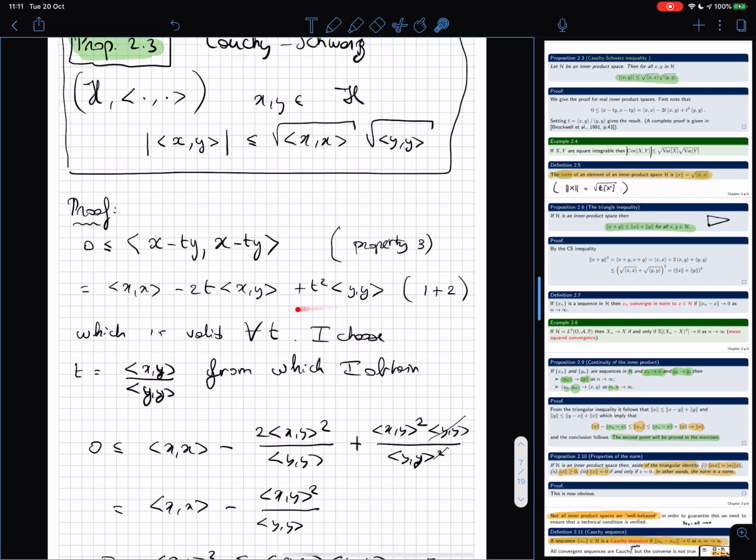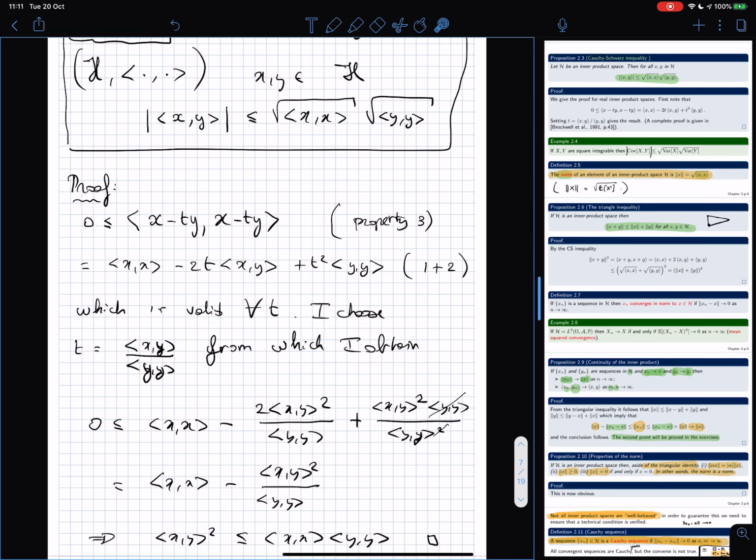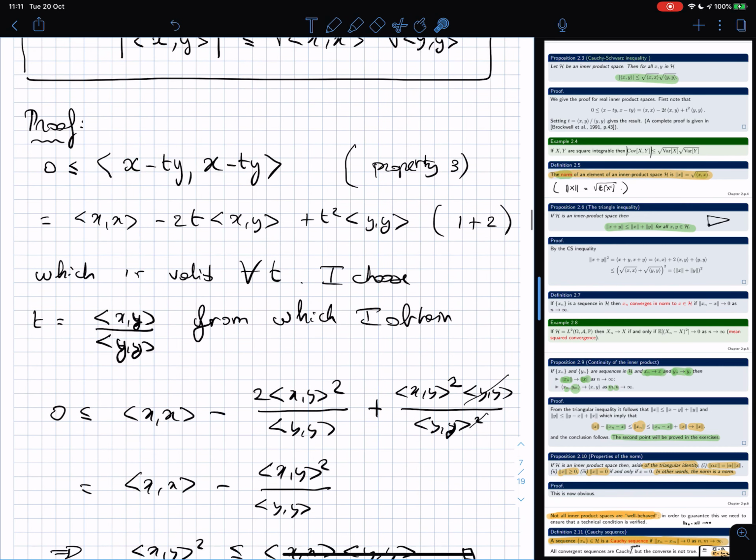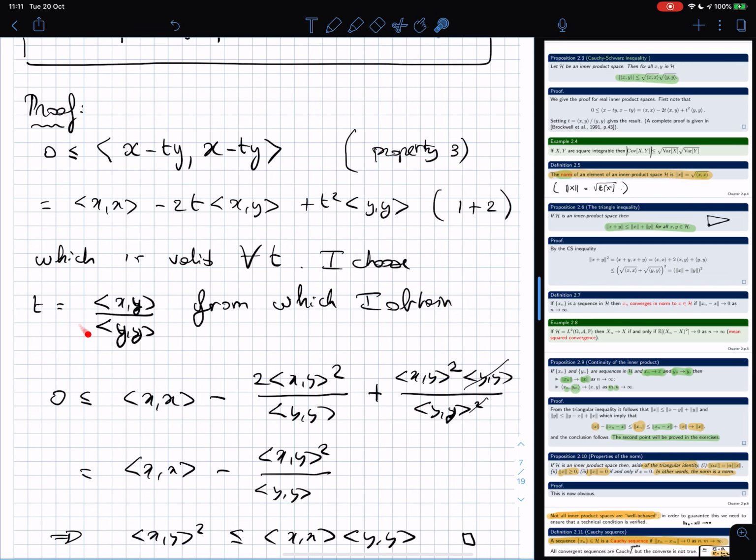So you might be wondering, how on earth do we know that starting with this is a good idea? Well, the person who did this first was just very smart, and that's all. I don't want you to know how to guess how to do this. I just want you to understand how doing this is a good idea. Because now we have this inequality here, which is valid for all t, and it just suffices to choose a very smart t.